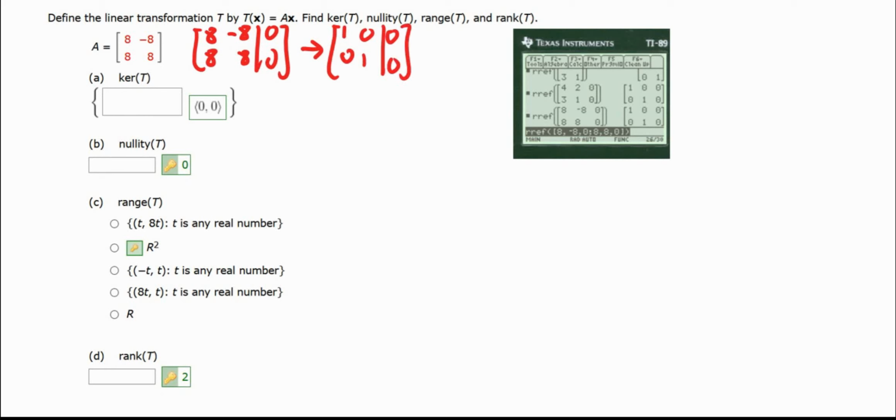So here you can see that x sub 1 is equal to 0, and x sub 2 is equal to 0. So we get the kernel there, right? Now the rank is 2, right? Because you count the number of leading ones that I have on the main diagonal. There's 2.